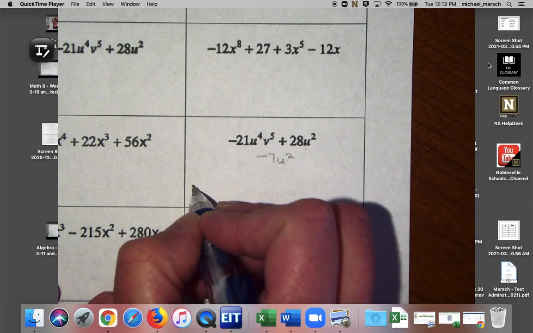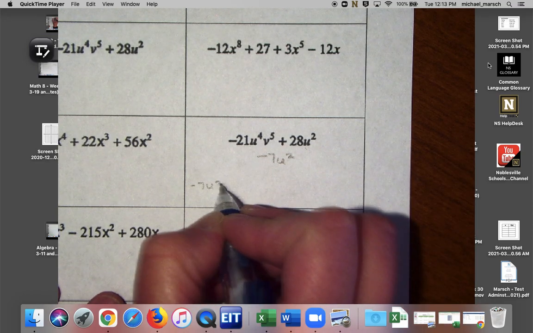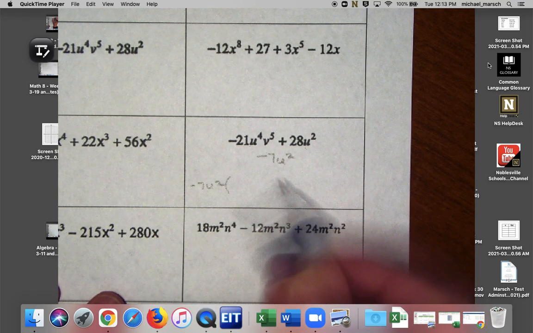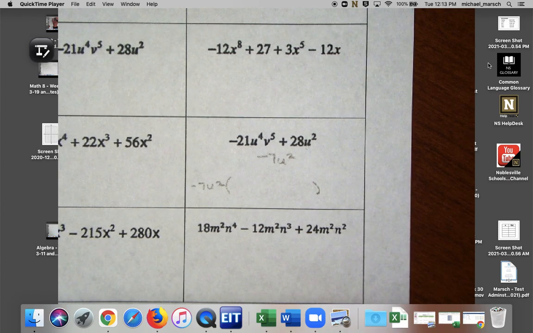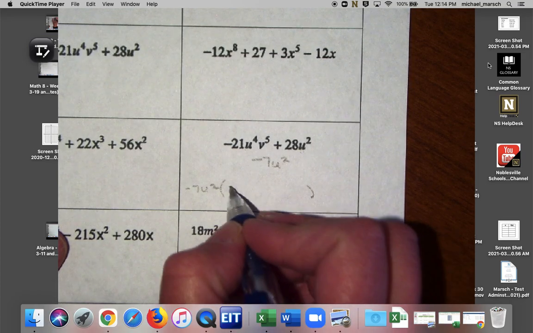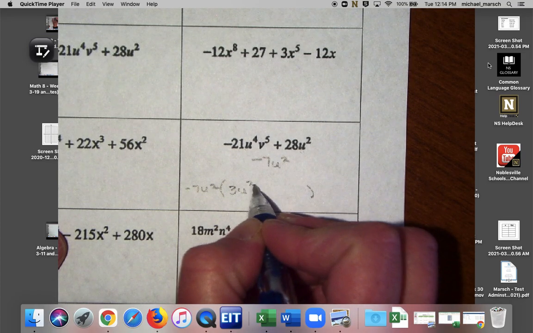So I'm going to take my -7 u squared, and I'm going to multiply it to the inside of my parentheses to make what it would be in the quantity. So what am I going to multiply -7 u squared by to get -21 u to the 4th v to the 5th? 3 u to the 2nd.